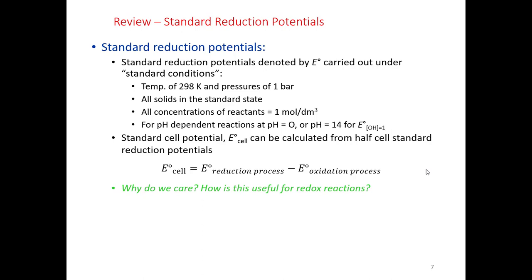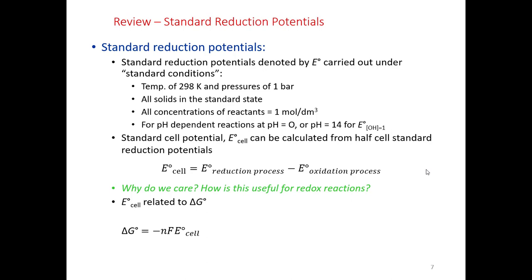Why do we care? Why are we talking about batteries when we're interested in redox reactions? Well, one way to think of redox reactions is that they are two half-cell reactions that just happen to be occurring in the same reaction vessel.